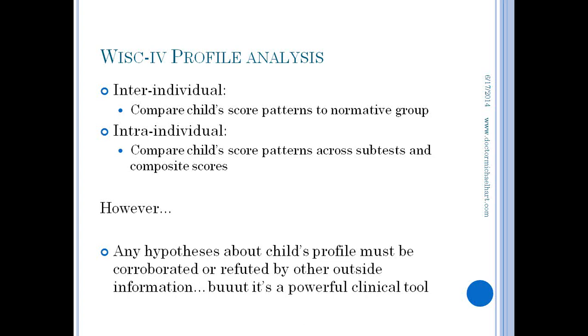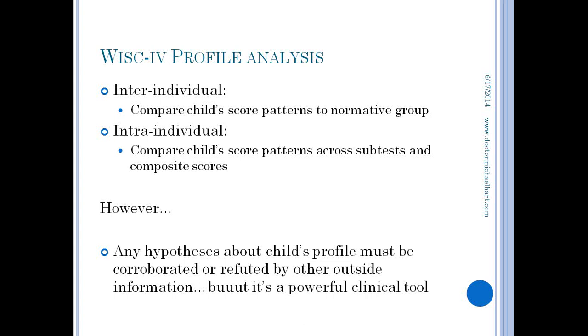And the norm group, remember, is that group of kids that serve as the comparative group. So you're comparing your 10-year, 3-month-old child to the group of kids who took this test who are also 10 years and 3 months old, so that there's an apples-to-apples assessment of your child's performance relative to somebody the same age.